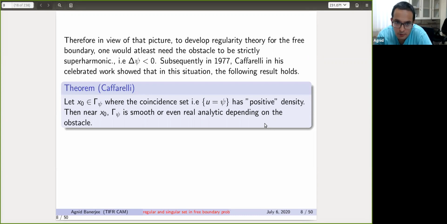You take a free boundary point where the coincidence set has a positive density. Now I will describe what positive density is in the next slide, but let's assume it for now. Near such a point where the coincidence set has positive density, the free boundary is smooth or even real analytic, depending on the obstacle. Again, everything is subject to how regular you want the obstacle to be.